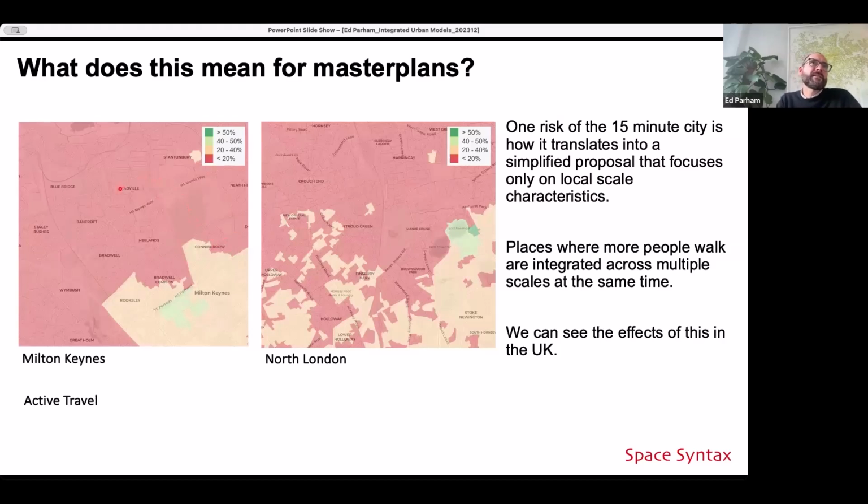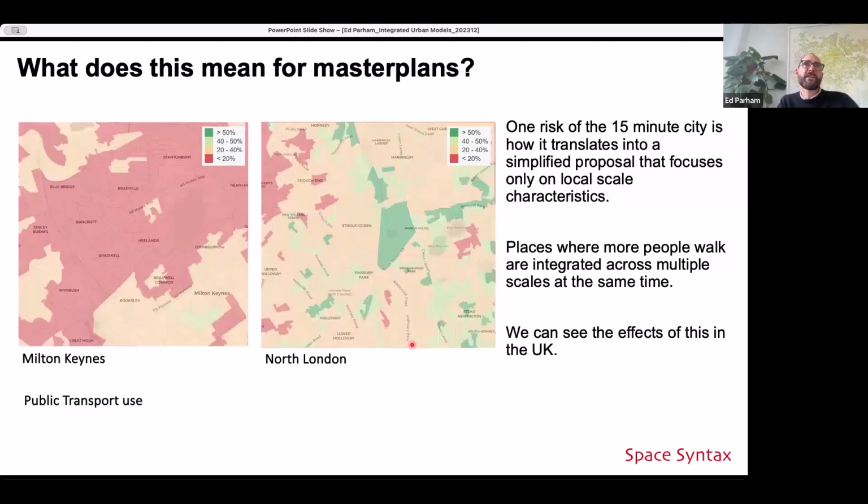In Milton Keynes, some of these areas are very large. If you look at these bits of London, you get far more census boundaries. So even though it looks like you've got a similar amount of yellow in terms of area, the number of people in those yellow areas is much, much higher. So you're getting more people taking active transport.